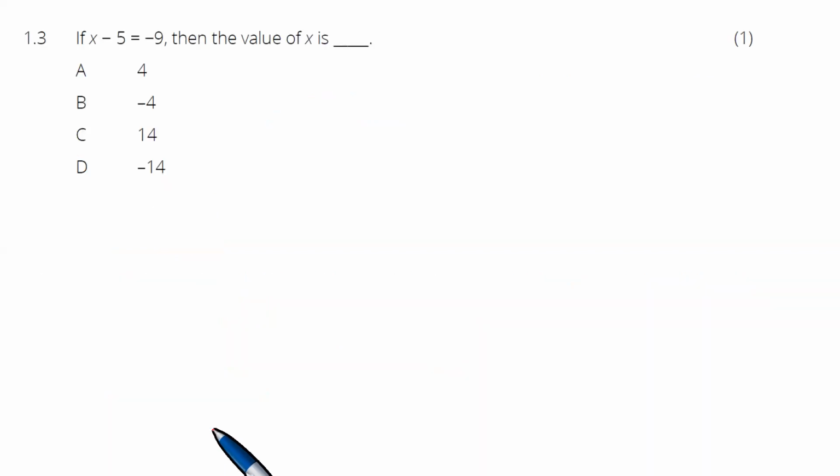If x minus 5 is equal to minus 9, then the value of x is... 1 minute I'm giving to you, and then we shall do it together. It is -4. What do you think? -4. Okay, let's go through it together.